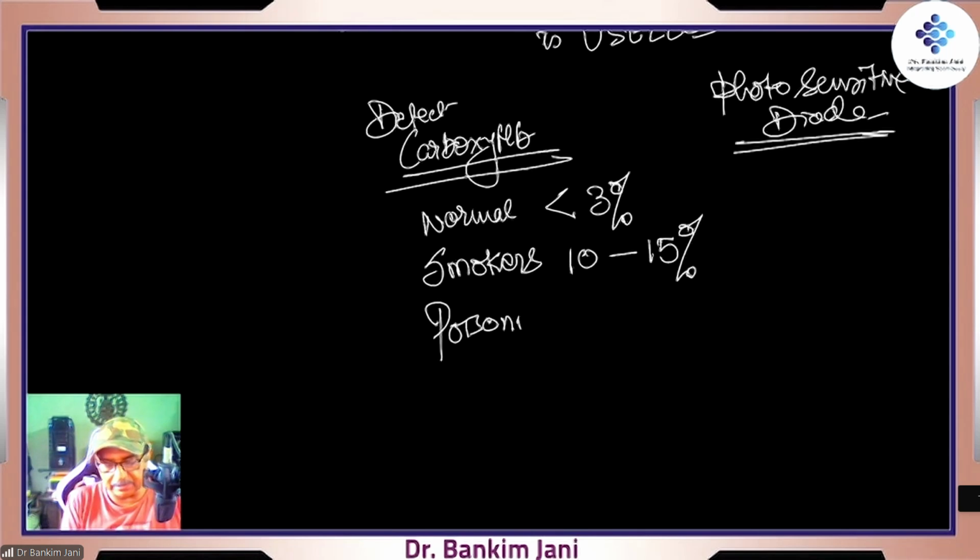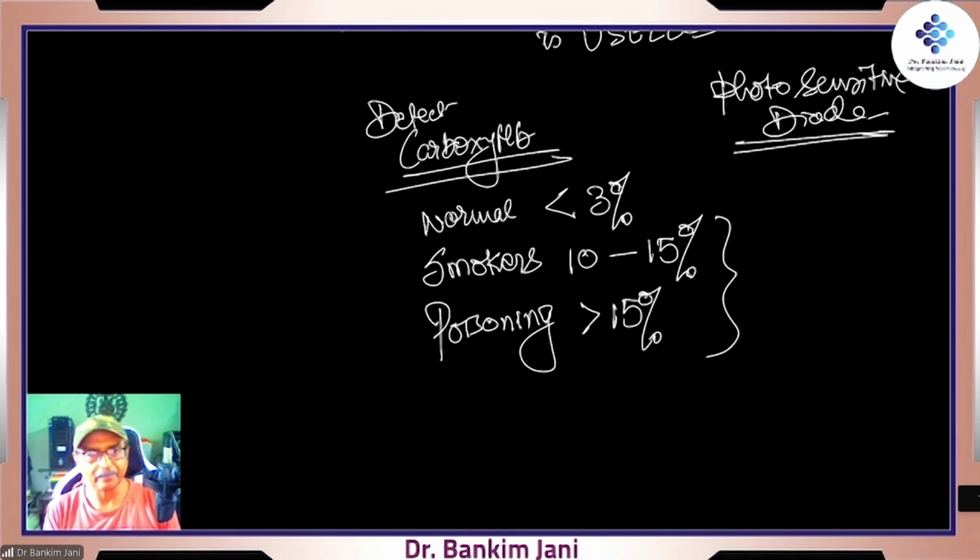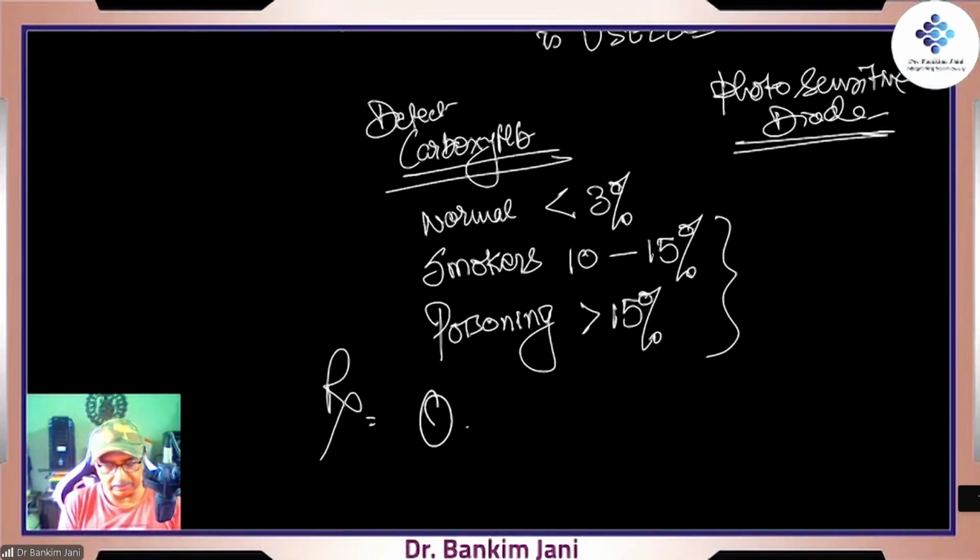Poisoning is when it is more than 15%. And what is the treatment? Treatment is oxygen. We need to give oxygen so that we can wash off the carbon monoxide.